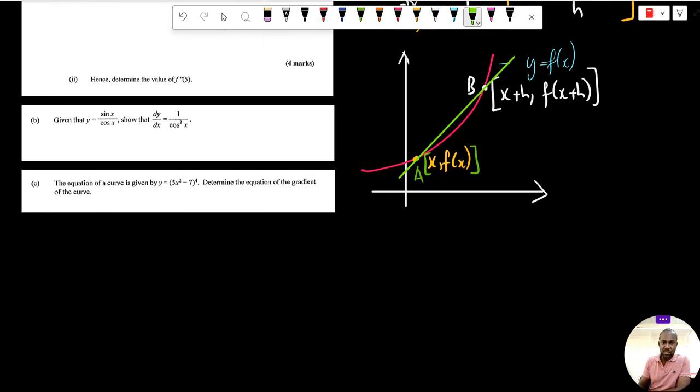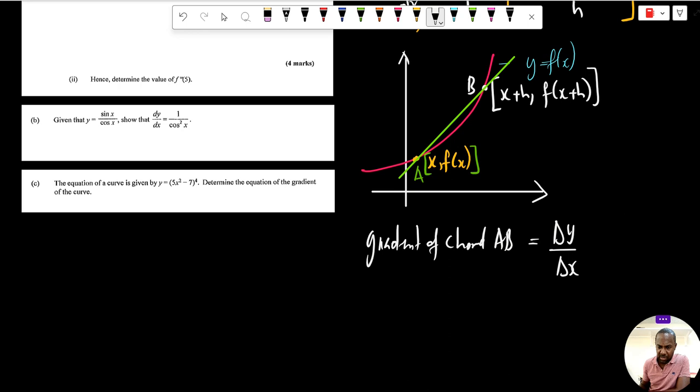Now for our chord, we can say that the gradient of our chord AB is equal to the change in y over the change in x. This change in y is given by f of x plus h minus f of x, because at the point A, the y value is f of x, and at the point B, the y value is f of x plus h.